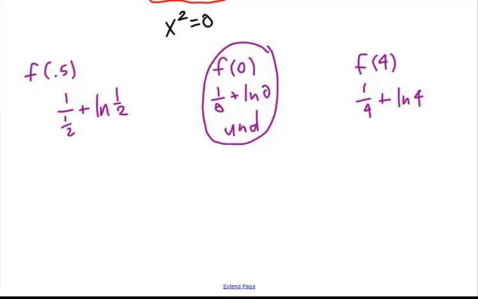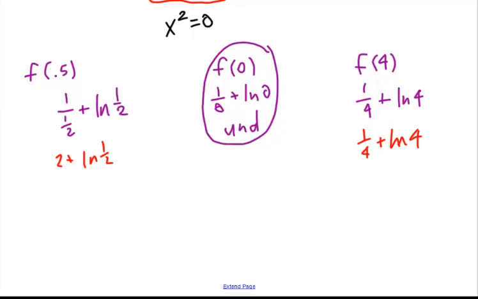But then we can come over here and look at these other 2 points. So this guy would be 2 plus natural log of 1/2. This guy's going to be 1/4 plus natural log of 4. And we just need to figure out which one of those is bigger.